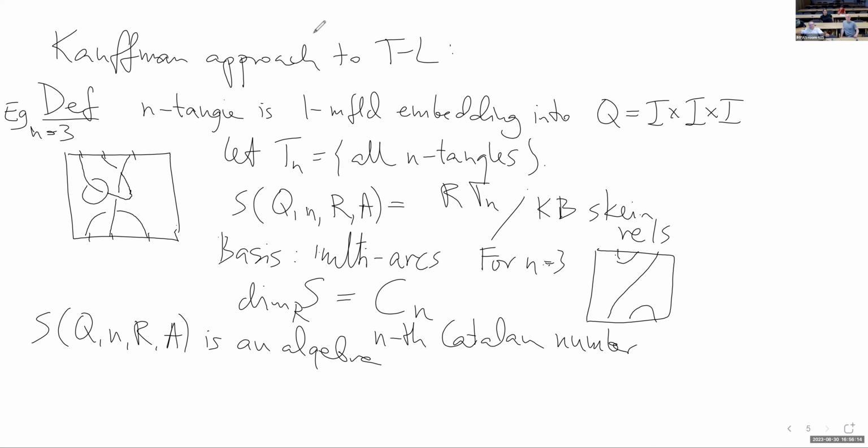Well, that's the proof. First of all, you observe that you can smooth all the crossings and it's generated by things like that. And then you apply the same method as Kauffman did. You can express any tangle in this set, and you can create a state sum formula. The state sum formula will say that this is a sum of combinations of elements like this, in this basis in quotation marks.